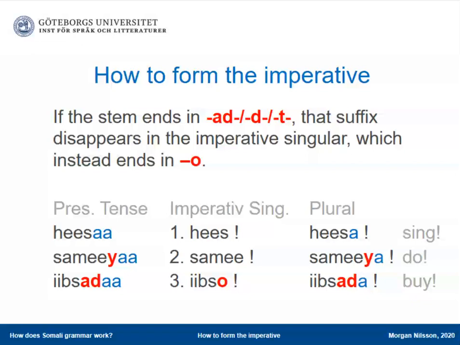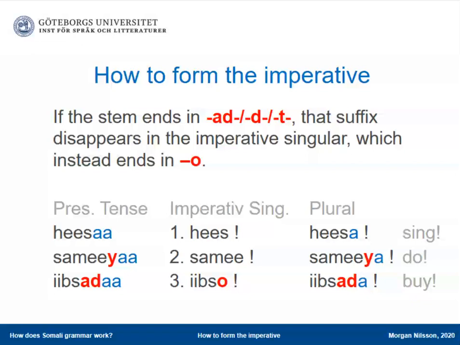So it's just the imperative singular that is quite peculiar, whereas the imperative plural is actually regular. There is nothing strange about the imperative plural. So here the strange form is the imperative singular.